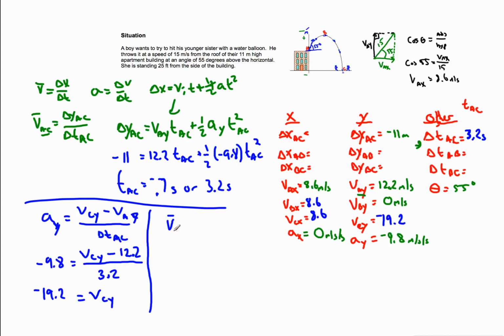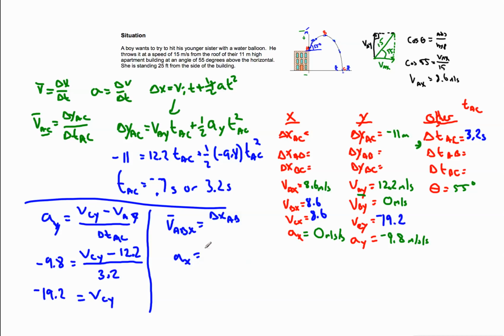Let's do the average velocity from A to B in the x direction. That will be the delta x from A to B. Oh, we don't know that. Okay, never mind. That won't work. Well, how about if we try the acceleration in the x direction?